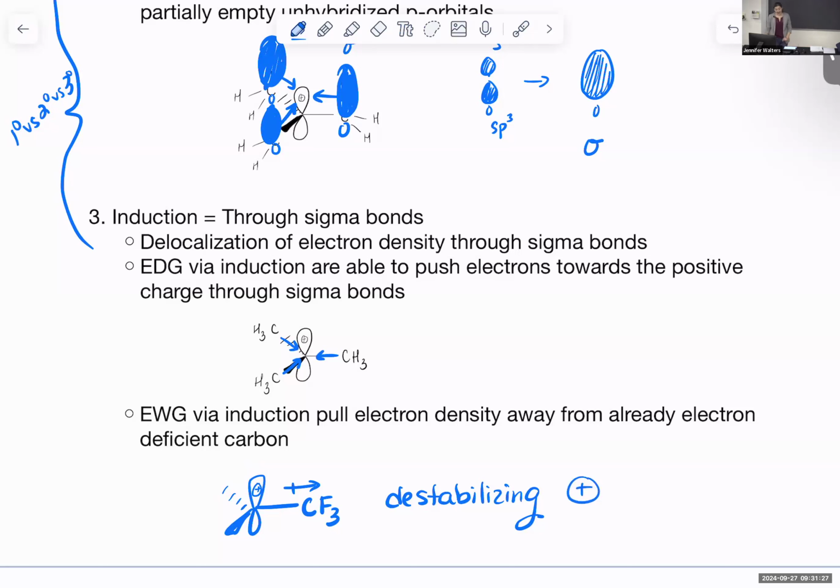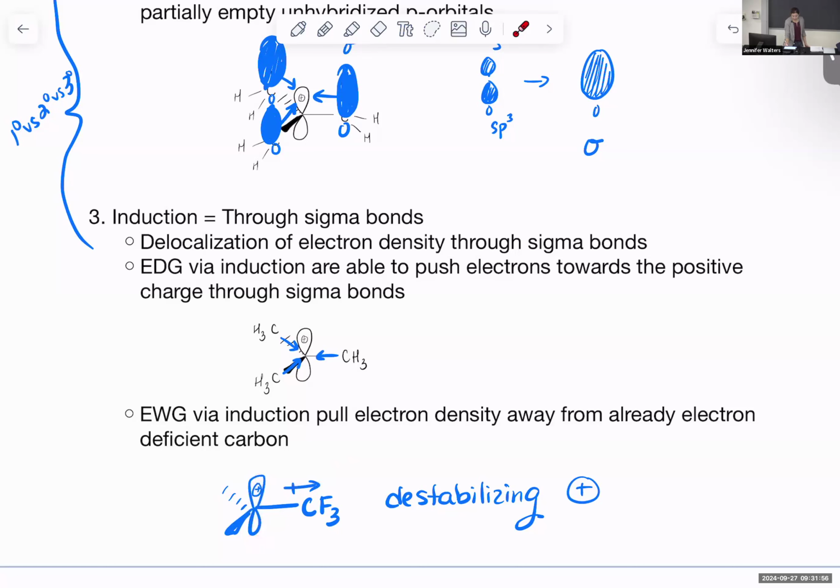However, if you have a negative charge there, then that was what we saw with our conjugate bases, then that was favorable, right? So it all just depends on what charge you have there and looking at this push and pull aspect, right? The more you can spread out electron density, the more stable you are. But if you lack that electron density, you don't want to try to pull away from an already empty site.